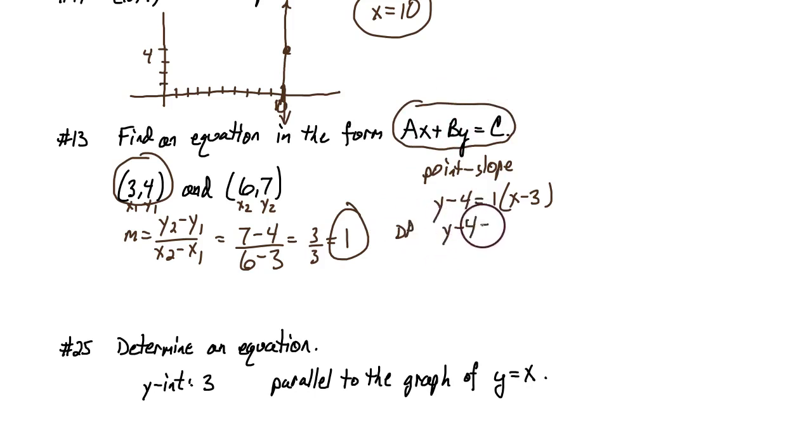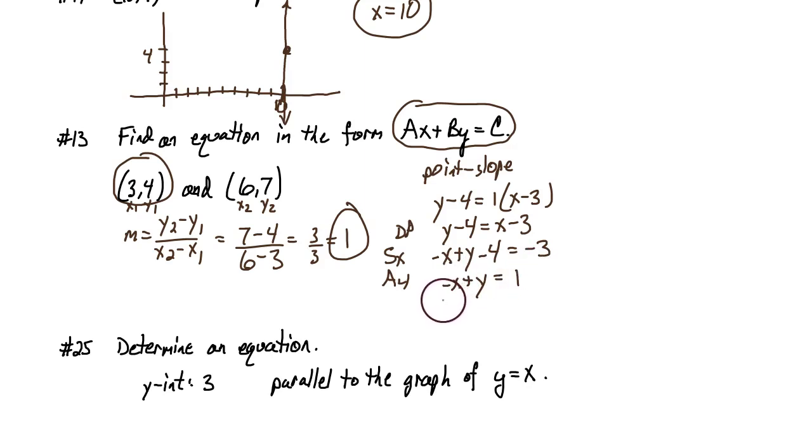Y minus 4 equals 1 times x is x, 1 times negative 3 is minus 3. Next, subtract x to get it on the proper side. We get negative x plus y minus 4 is equal to negative 3. Now let's add the 4 to get the constant on the right side. Negative x plus y equals 1.